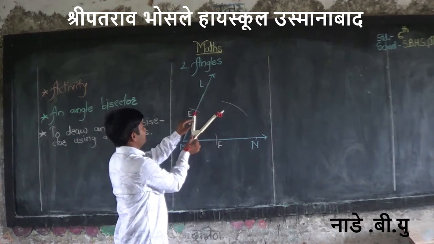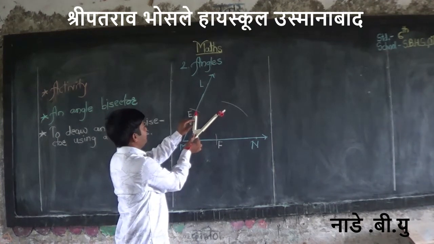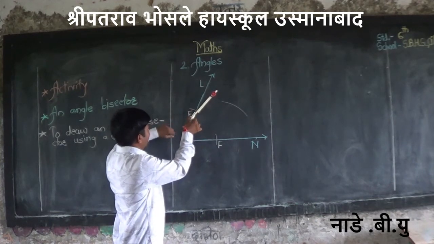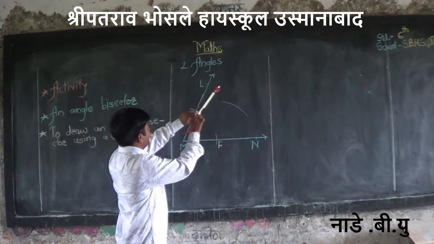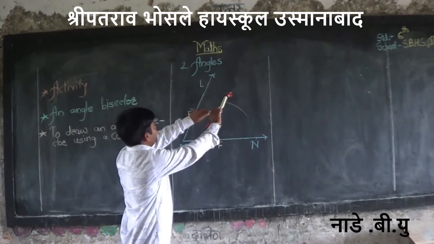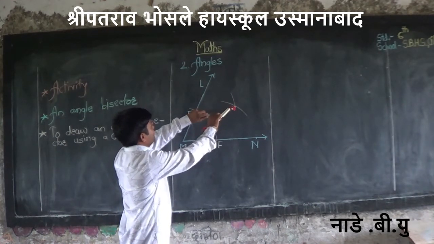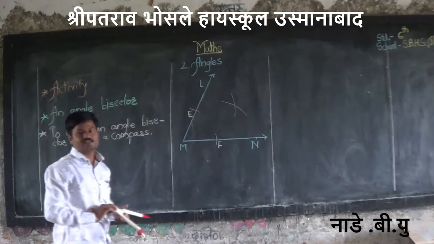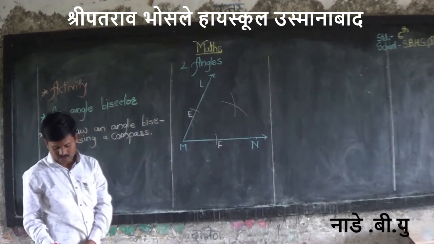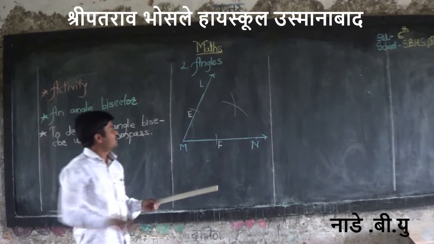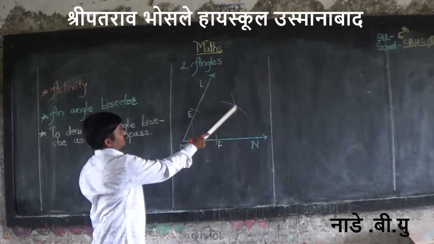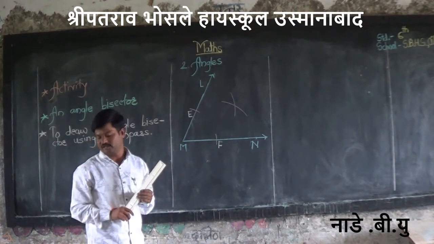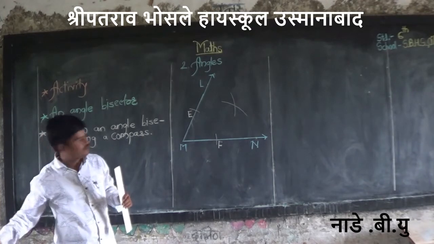Using the same distance, place the compass on point E, which is on side ML of angle LMN, and draw another arc which intersects the previously drawn arc. Because of the intersection, we get another new point.